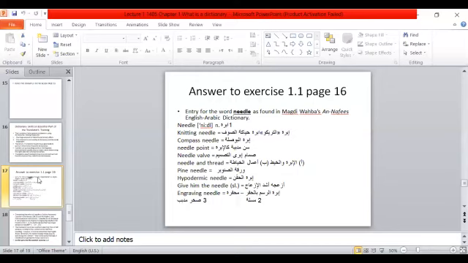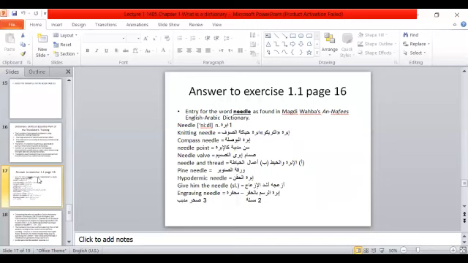First, we have the lemma, or the lexeme, which is needle, and then between squared brackets, we have the pronunciation of the word needle, and then we have N full stop, which means that the word needle is a noun and the meaning of it is going to be given as a noun. The first meaning of needle is ibra.